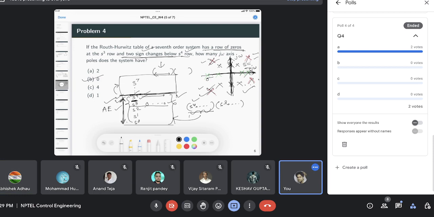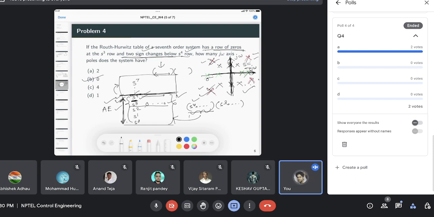Okay, so in the question you are given that a row of 0 is happening in the S3 row, right? So that means from S4 up, whatever analysis comes in the Routh-Hurwitz table is for this auxiliary polynomial. And if you want to find any imaginary axis pole, it can only happen in this auxiliary polynomial. So first count how many right half plane poles there are, which you can simply compute by change of sign.